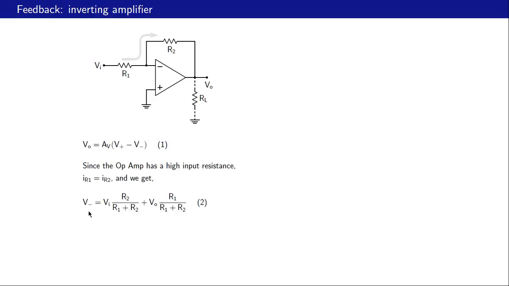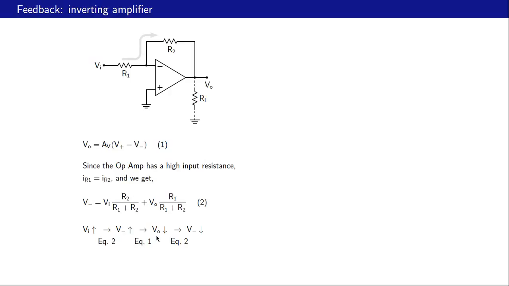Now let us perform a thought experiment, so to say, in which Vi is increasing. So this voltage is increasing. As a result, what happens to V minus? Vi appears here, and that is increasing. So by equation 2, V minus will also increase. Now, as V minus increases, by equation 1, Vo will decrease because this V minus appears with a negative sign here.